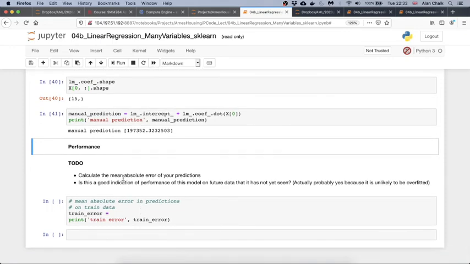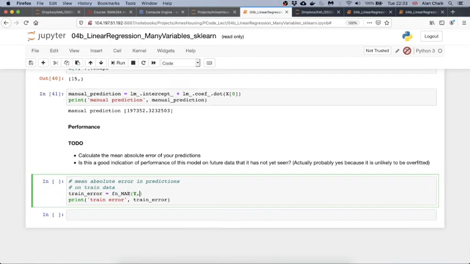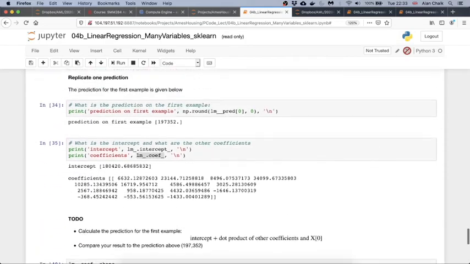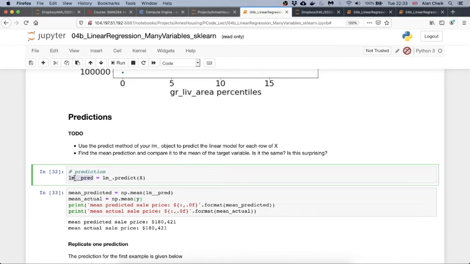Calculate the mean absolute error of our predictions. Well, fn MAE, the actuals are y, the predictions, we made them up here somewhere, lm_pred.